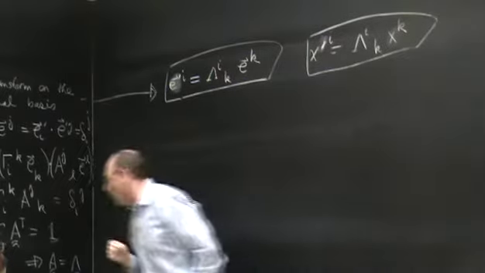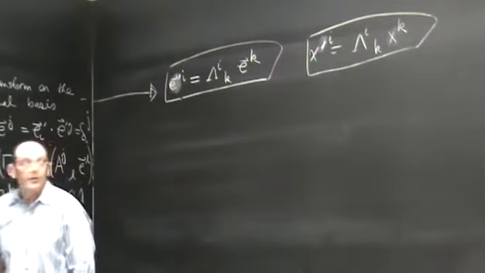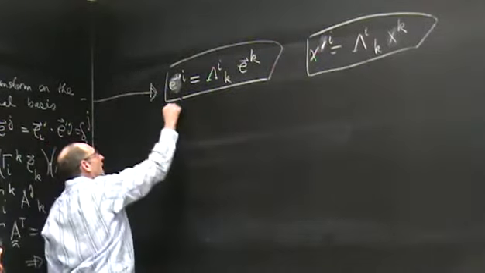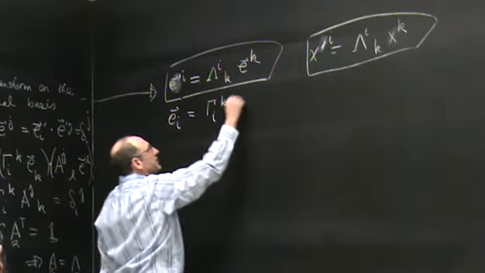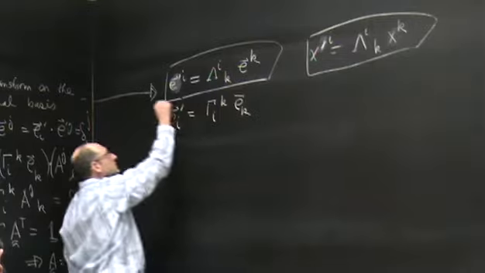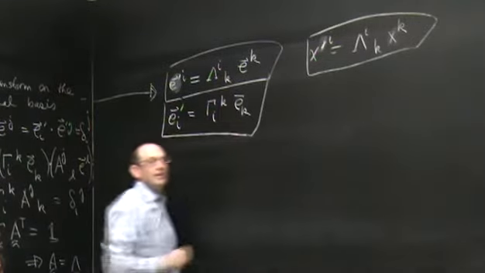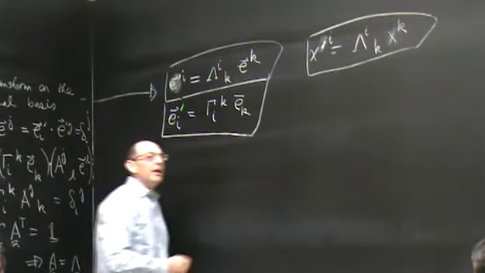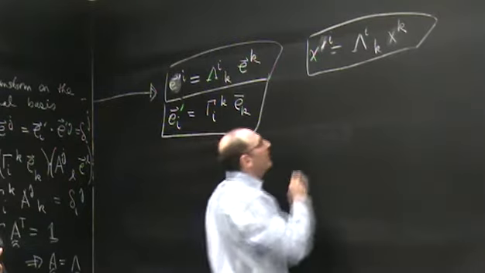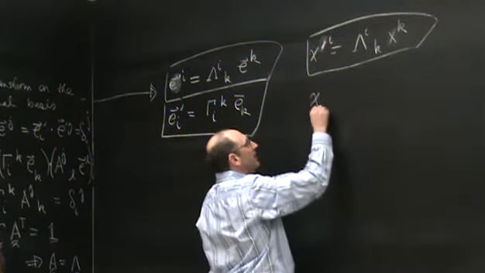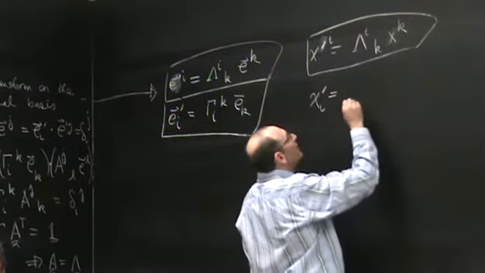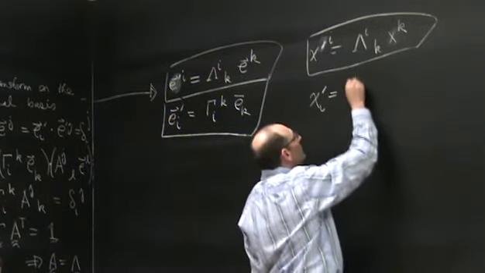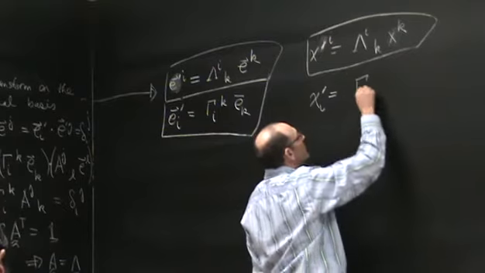So how do the coordinates with respect to the lower transform? Well, we have this. That was the initial definition. And with a little bit of algebra, and it doesn't take much algebra at all, to show that the coordinates with respect to the lower subscript transform according to the inverse transpose of this.